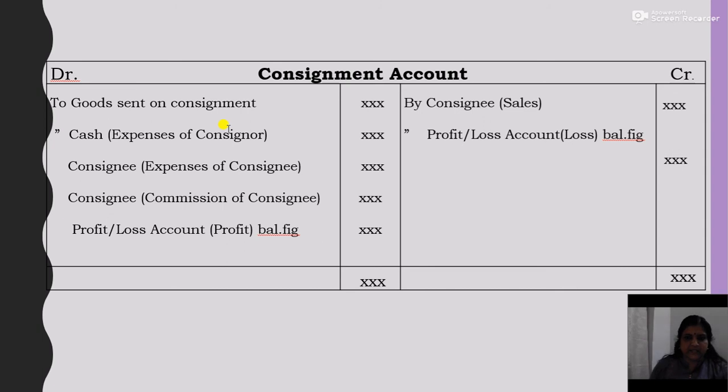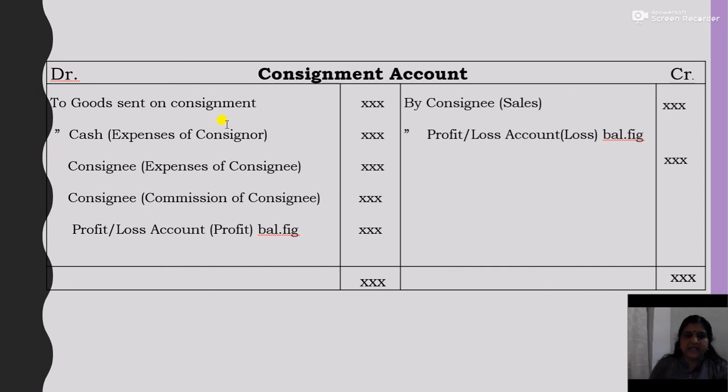One is consignment account for the purpose of knowing the profit or loss on consignment. The other one is consignee's account for the purpose of knowing the final amount to be received, and the goods sent on consignment account for the purpose of closing the goods sent on consignment. Now in the books of the consignee, there is only one account required, that is consignor's account. And this is for the purpose of knowing the final amount to be paid to the consignor.